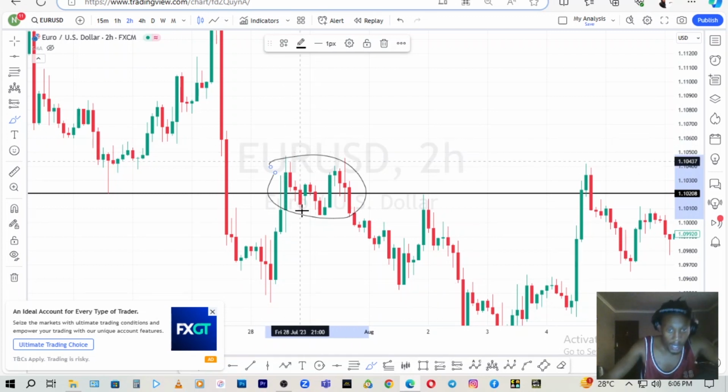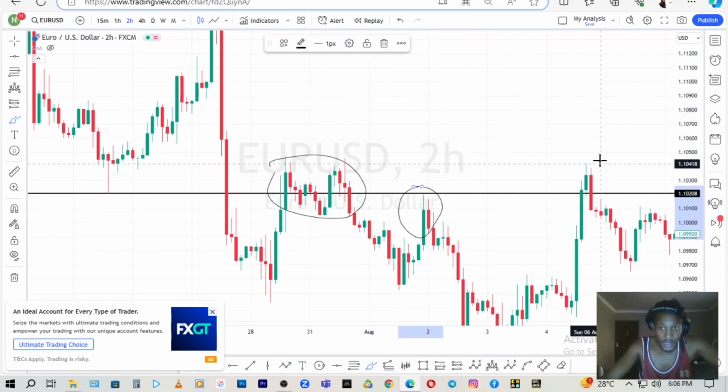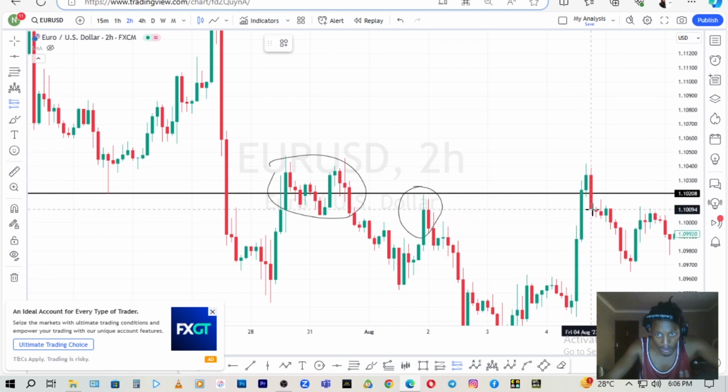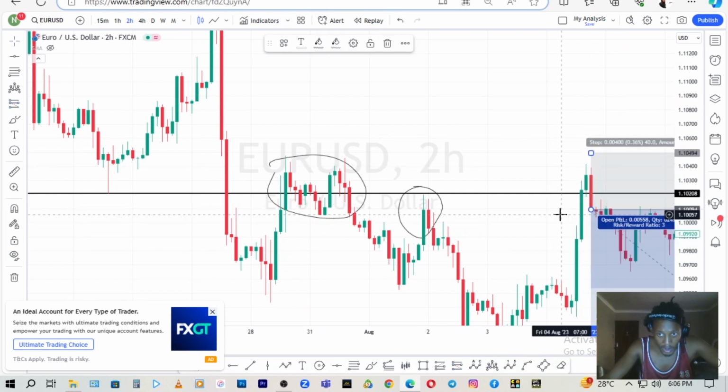So I missed this entry because it's not a bearish engulfing. Here's my entry over here. I'm targeting, let me just put my risk ratio. I've already set my risk reward ratio.